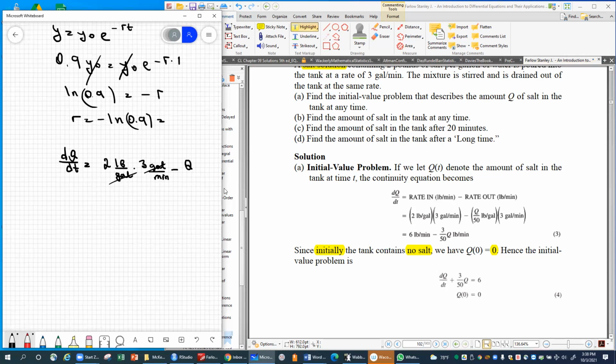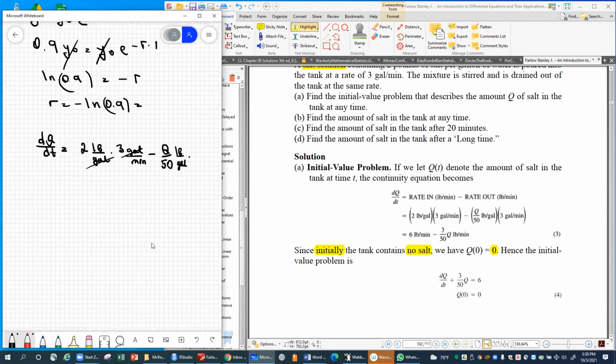It's Q, whatever it is at the moment, out of the total 50 gallons. So that's pounds per gallon, multiplied by the rate out, which is again 3 gallons per minute, because the in and out rates are the same. So you get the equation dQ/dt = 6 - (3/50)Q.